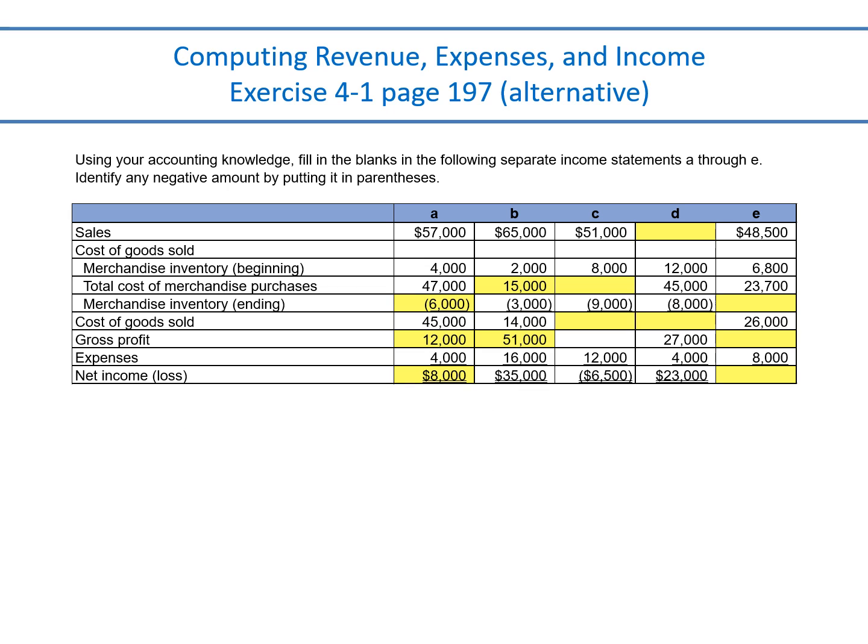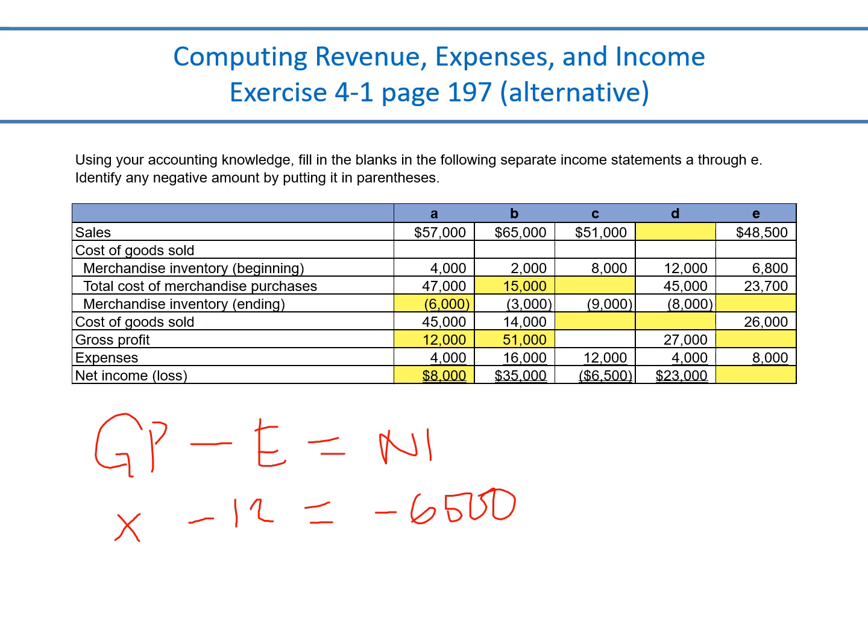All right, so we know that gross profit minus expenses equals net income or net loss. And so gross profit is X, our expenses are 12,000, and we know that our net loss is 6,500. So if we add $12,000 to both sides, that takes us to 0.